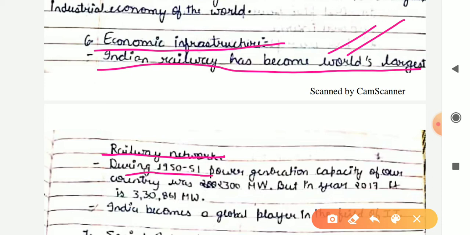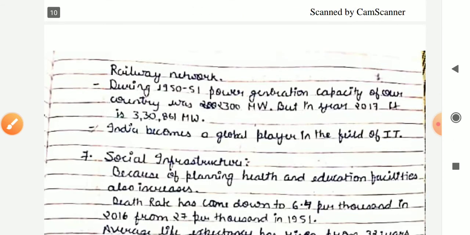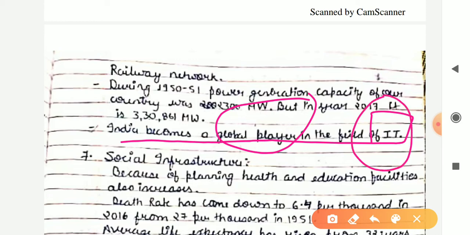During 1950-51, power generation capacity of our country was only 2300 megawatt, but in 2017 it is 3,30,861 megawatt, and India has become a global player in the field of IT. IT means information technology, for example in the field of computers, software, and the internet. At present India has become a global player, meaning India achieved lots of things in the IT field.